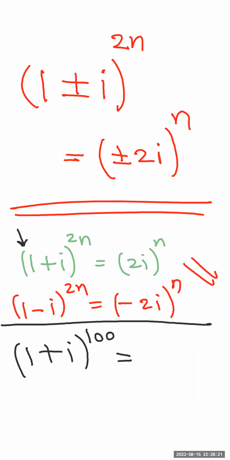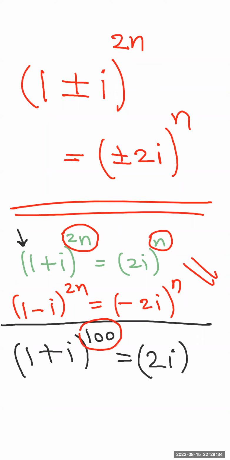Now n here equals what? By the rule, 2n equals the power, so 2n equals 100, so n is 50. Great. Now distribute the power: 2 to the power 50 times i to the power 50. 2 to the power 50 we would get using the calculator, of course; I don't know it exactly and I don't want to get it.